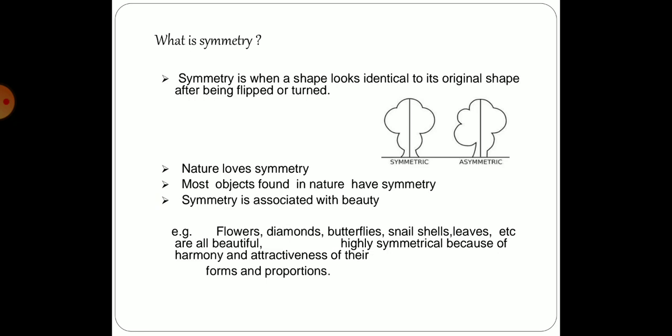Okay, symmetry is associated with beauty, as in flowers, diamond, butterfly, snail. Okay, leaves are all beautiful and highly symmetric because of the harmony and the attractiveness of their form and properties.